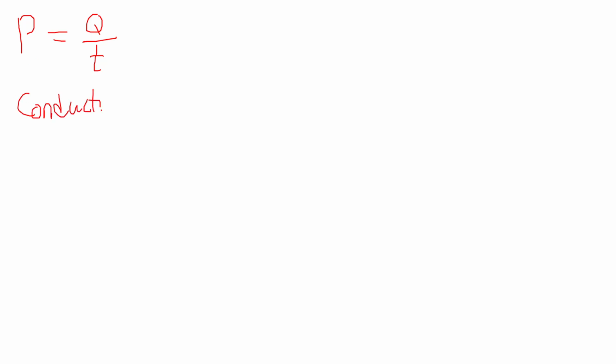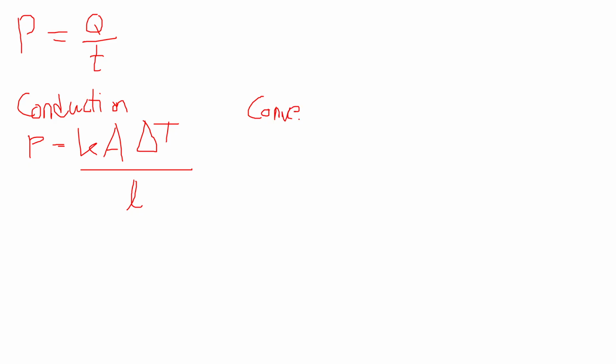In conduction, the power is equal to the coefficient of conductivity, k, multiplied by the cross-sectional area, multiplied by the difference in temperature, divided by the length, meaning how long the thing in contact is. Yes, that's conduction.